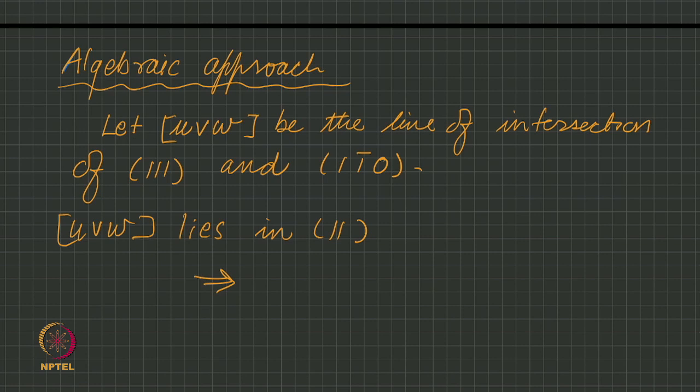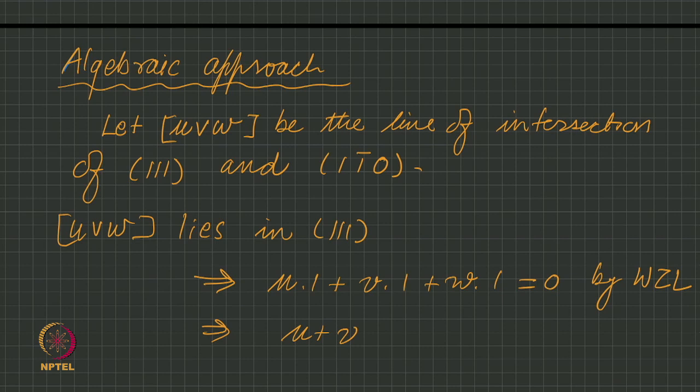This gives us u into 1, v into 1, w into 1 equal to 0 by the Weiss-Jones law, so u plus v plus w is equal to 0.